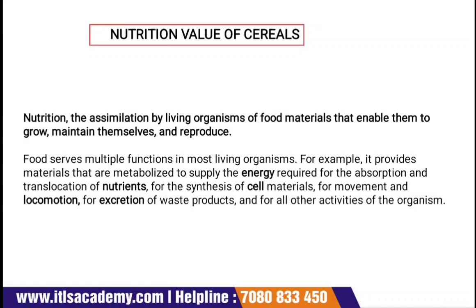It is also required for the absorption and translocation of nutrients, and for the synthesis of cell material, because our body is made up of cells, and cells require different kinds of nutrients. It is also needed for movement and locomotion, for the excretion of waste products, and for other activities of the organism.